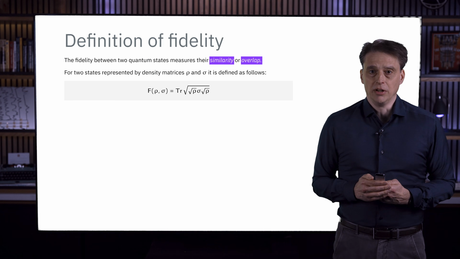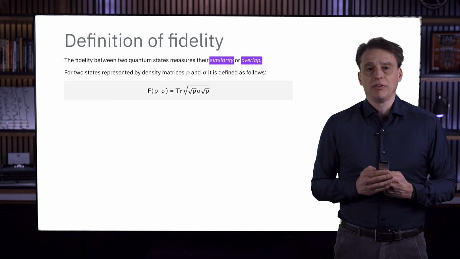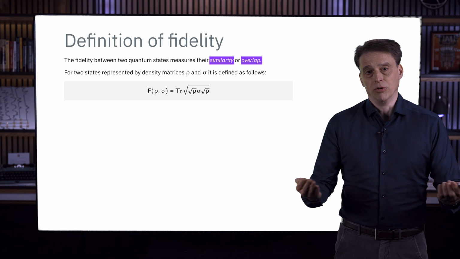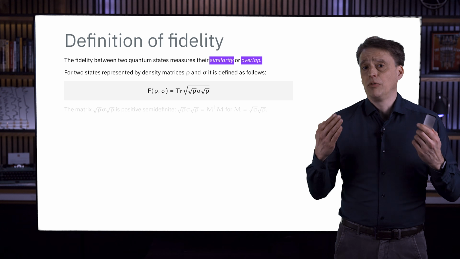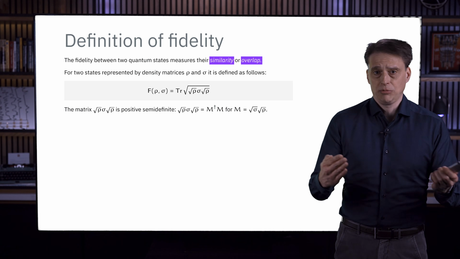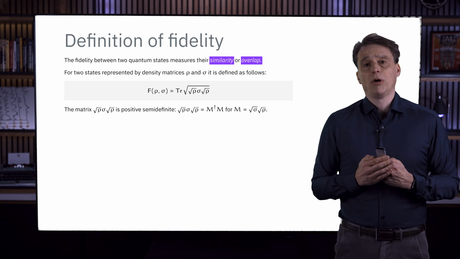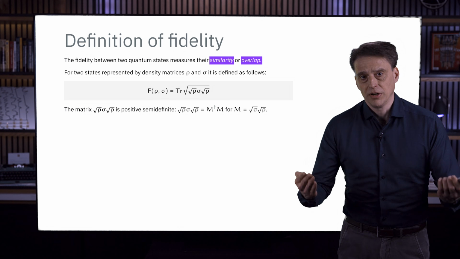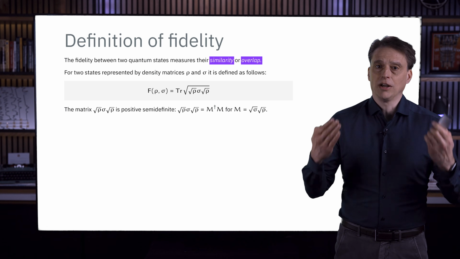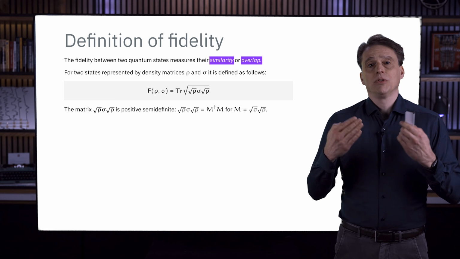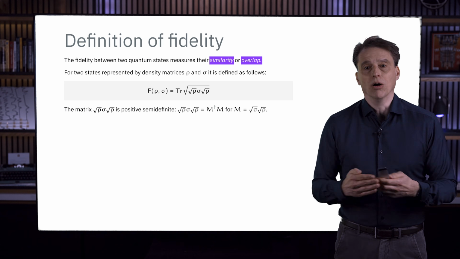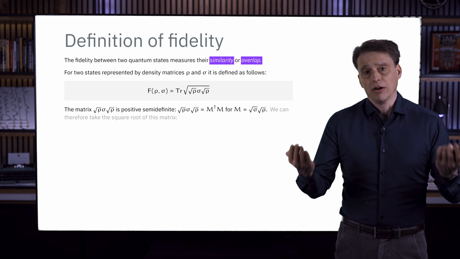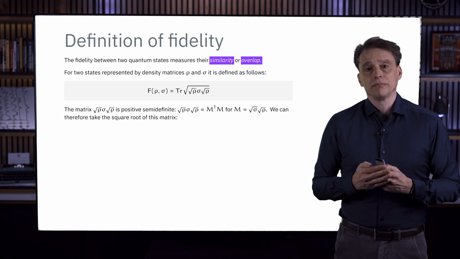Because rho is a density matrix, it must be positive semi-definite, so we can take the square root of it. And if we think about the square root of rho times sigma times the square root of rho for a moment, we see that it's also positive semi-definite, and in particular, we can write it as m dagger times m, for m being the square root of sigma times the square root of rho. And therefore, we can take the square root of it.